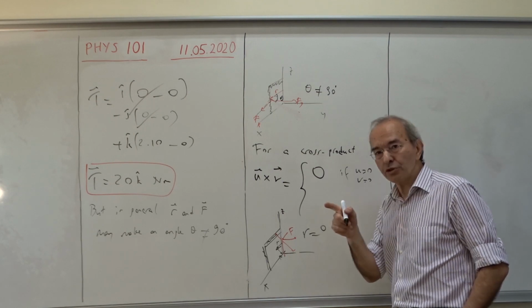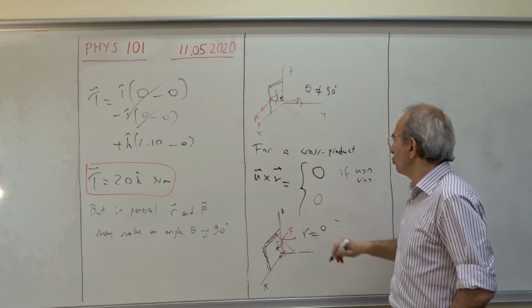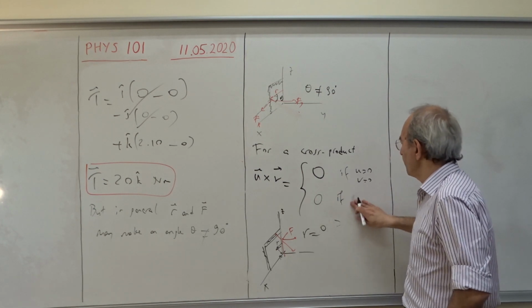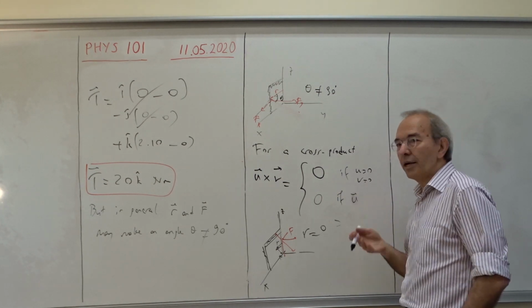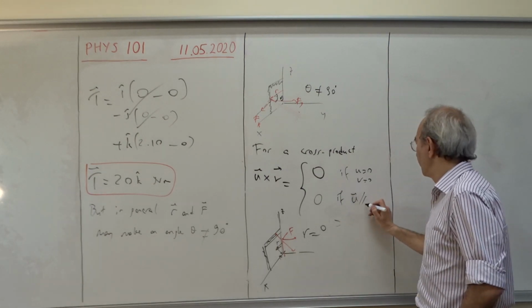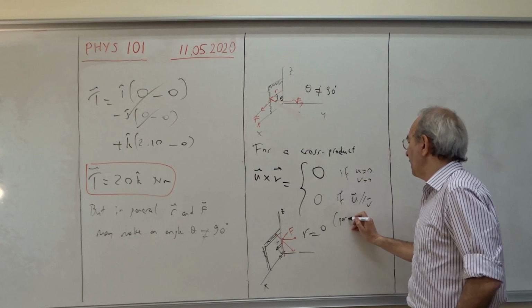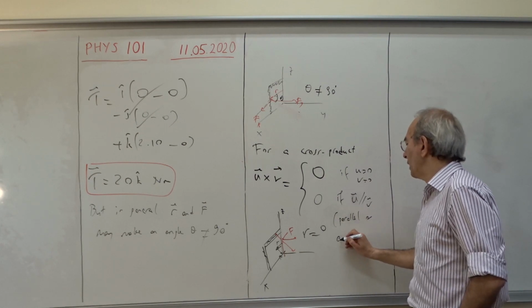But there is another possibility for that. It is also 0 if U and V are parallel. They are parallel or antiparallel.